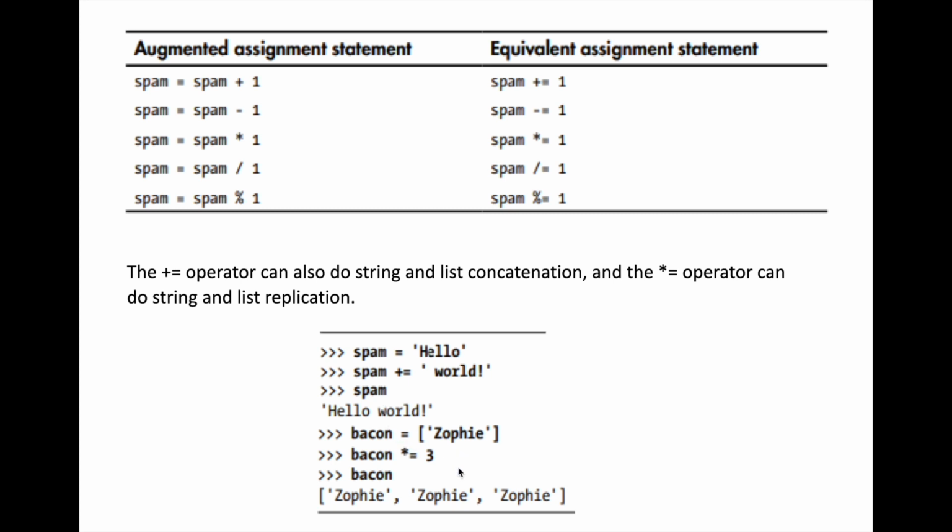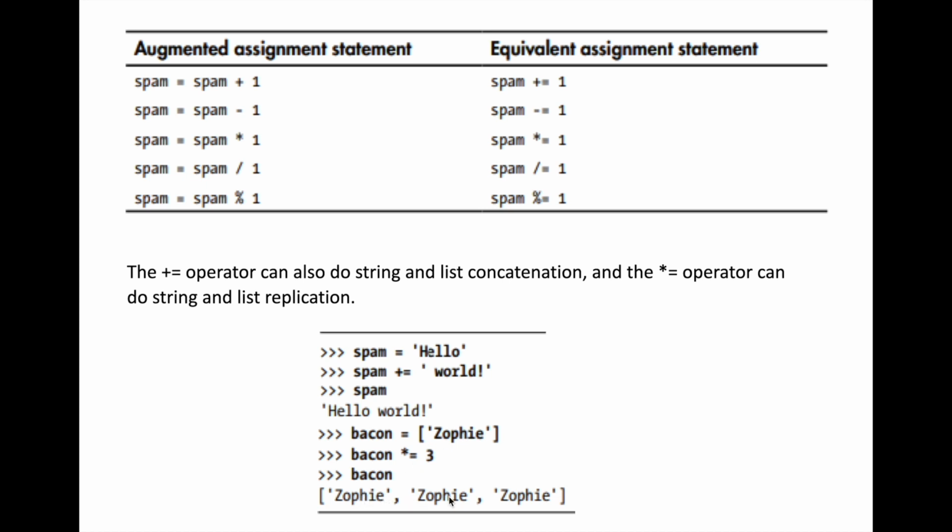In the same way, you can do the replication also. For example, I'm creating a bacon variable here, and the bacon variable contains a string called Zophie. This is a list with a single element. Now if I use the star operator, star equals 3 means the element Zophie should be repeated 3 times.